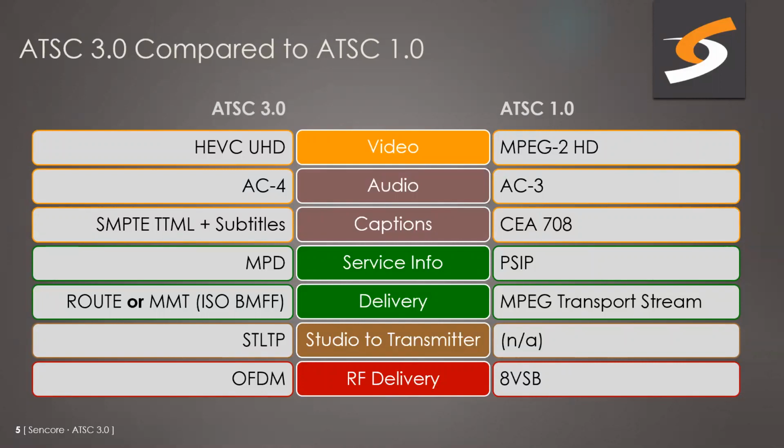The MPEG transport stream is gone, replaced with IP wrappers, and then the actual video and audio essences are carried in ROUTE or MMT packages. The video compression is HEVC, the audio compression is AC4. Even the caption formats are different there.